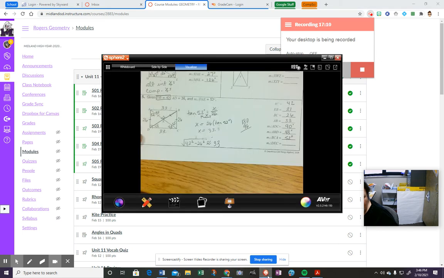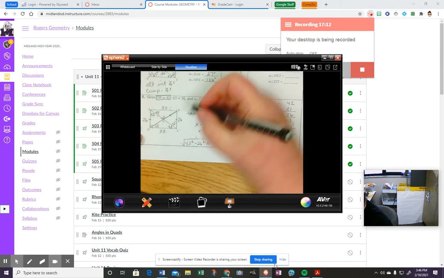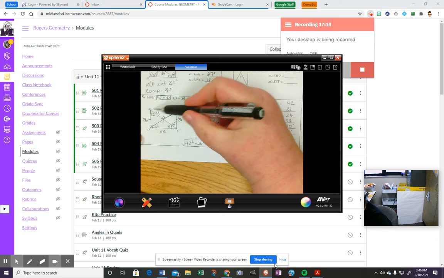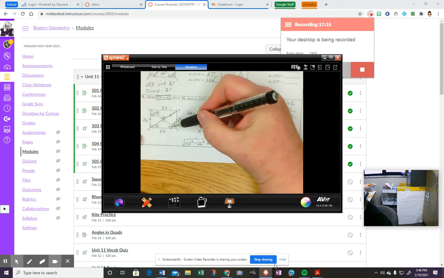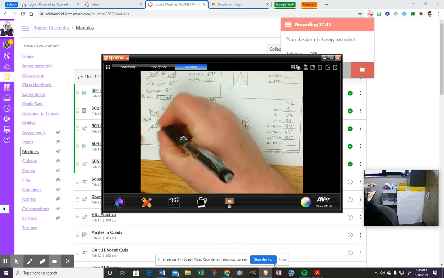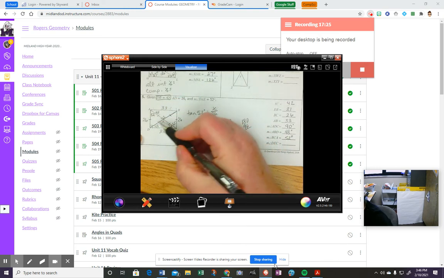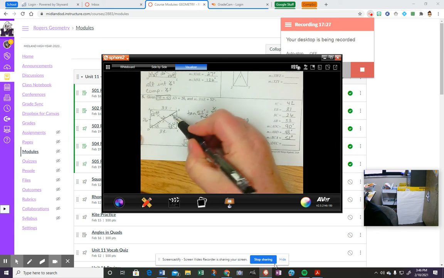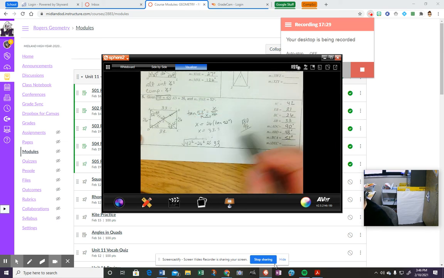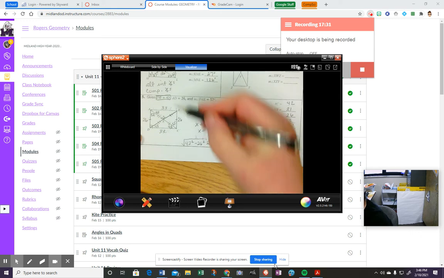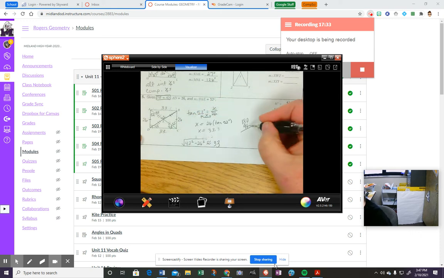Okay, folks, so what I did, I took and did the alternate interior angles and found that this angle was 48, and it's congruent to the other angle over here, which is 48. So 48 and 48 make 96.